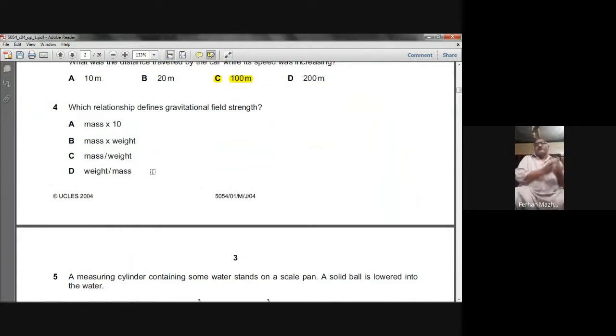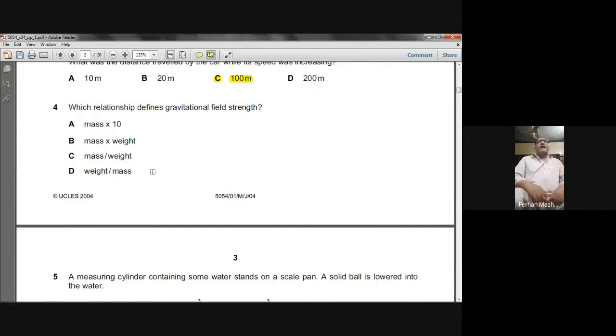Gravitational field strength, which is small g, is equals to weight divided by mass. You remember the formula of the weight? W is equals to mg. And if you make the g subject of the formula, g will be equals to W divided by m.